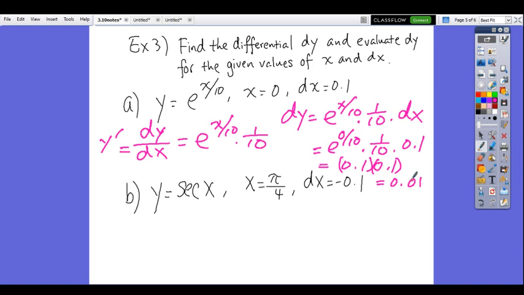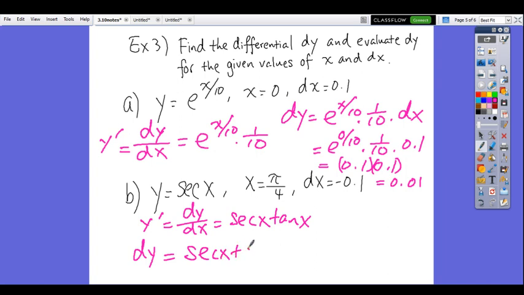And now what about for the next one, secant of x, given that x is pi over 4, dx is negative 0.1. Again, same process. Find y prime, which is dy over dx. So we do have secant x tangent x. And then solve for dy by itself. So we do have secant x tangent x, and then dx.